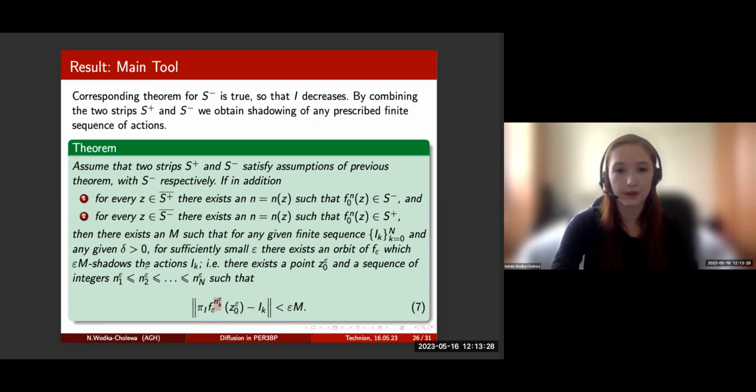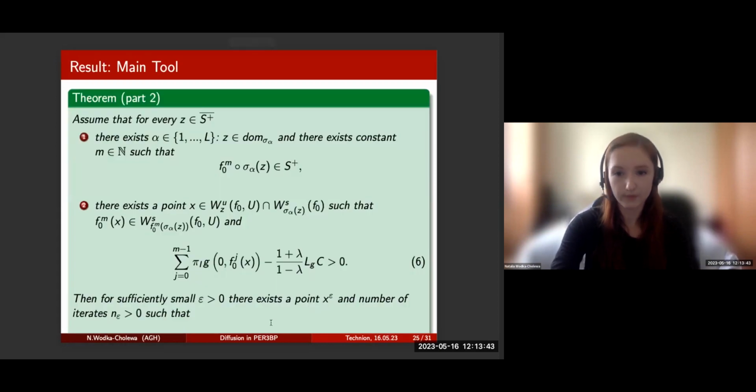And if you take some sequence of given values of the energy, it's epsilon m shadow. After this you have the same formula, but I think I did something wrong and it cut it off.